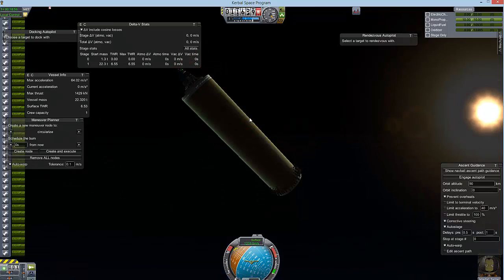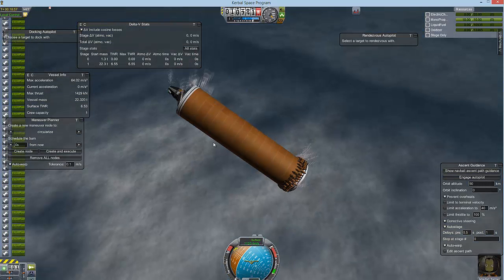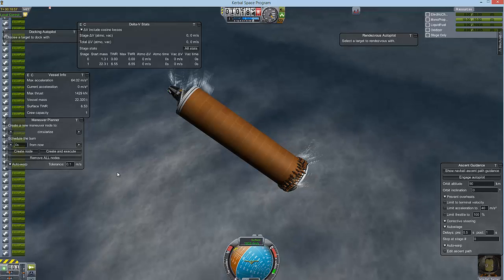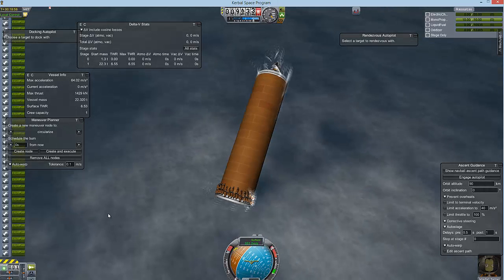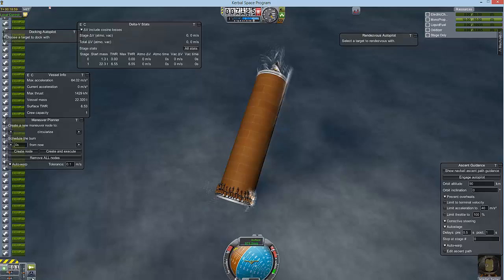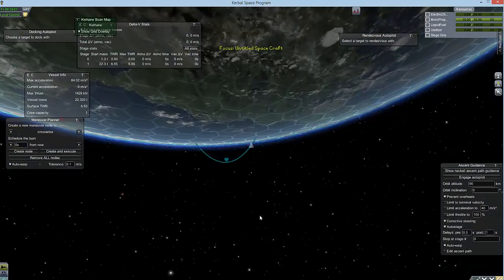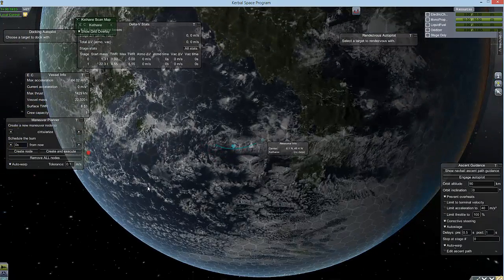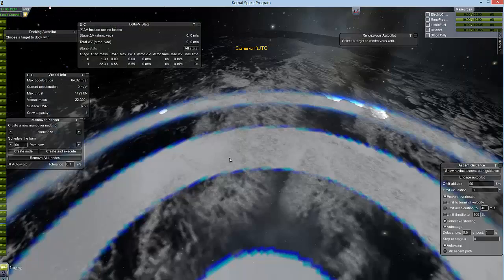This is probably the best way it can actually fall, because it's a lot of surface area, even though it's horrible. So it's gonna go over here.